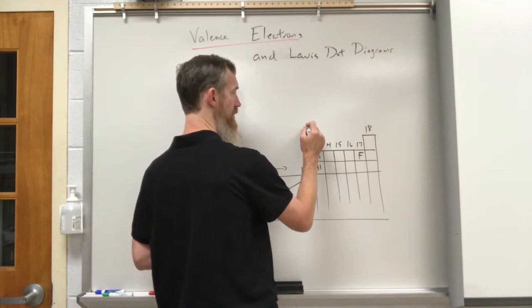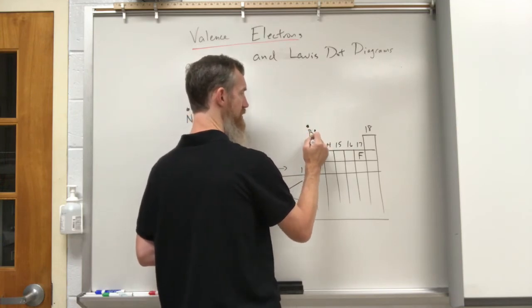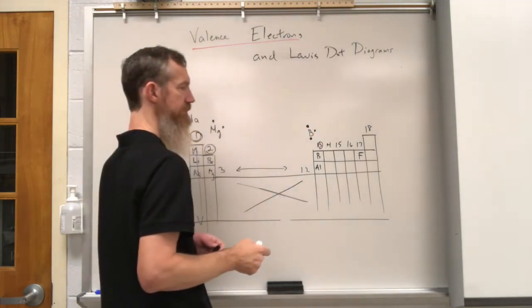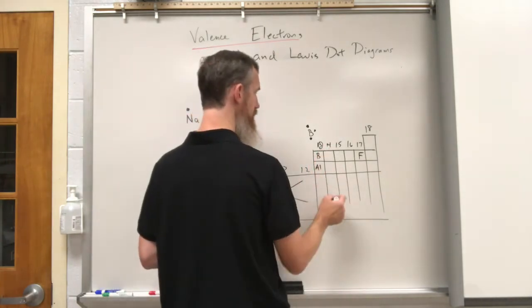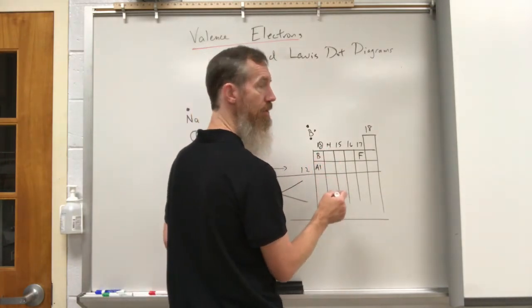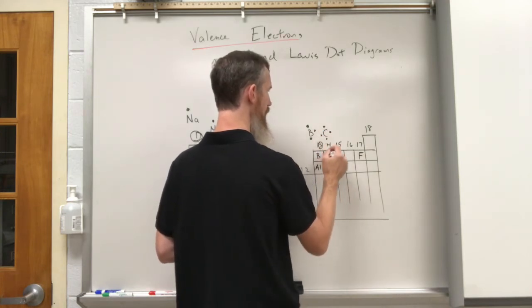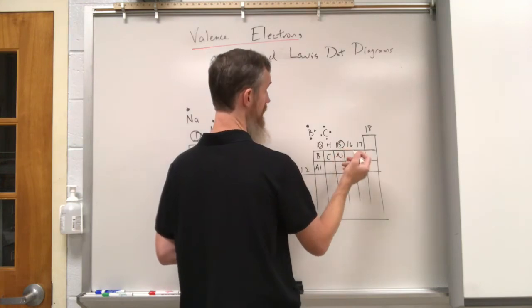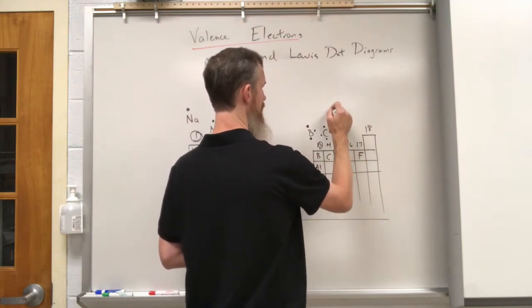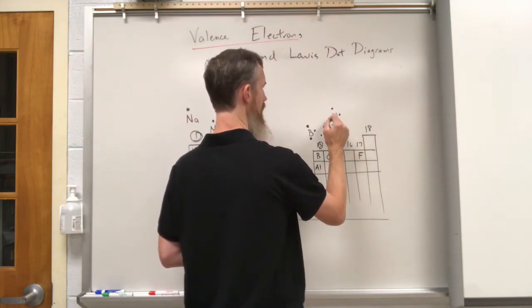And that's what a lot of students want to do. No, we're just going to put 3 dots. And if you go to the 14th column, you will get 4 dots. 1, 2, 3, 4. If you go to the 15th column, you get the pattern now. I'm going to draw it up here. You get 5 dots. 1, 2, 3, 4, 5.